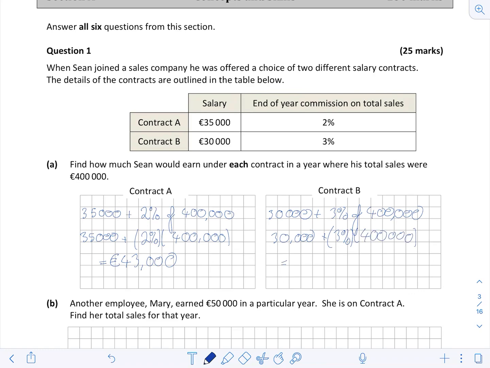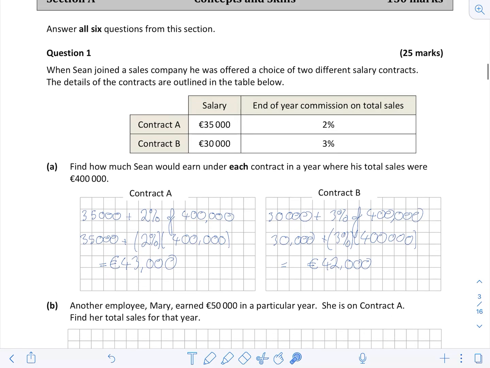And that's going to equal 30,000 plus 3% times 400,000. That's going to equal 42,000. So it looks like he's better off with option A if he makes only 400,000 sales.